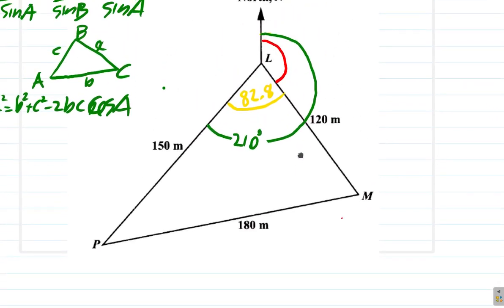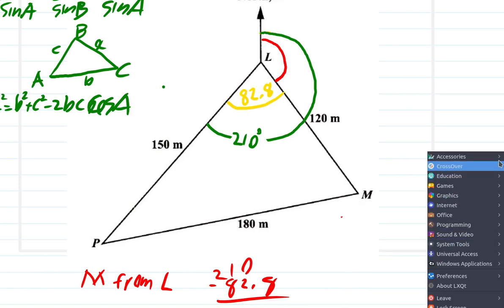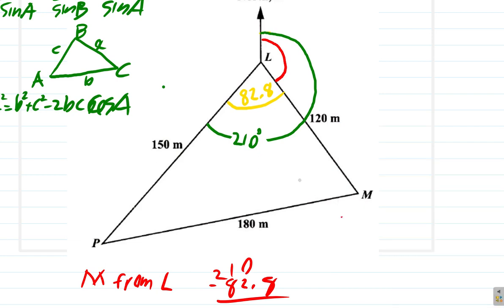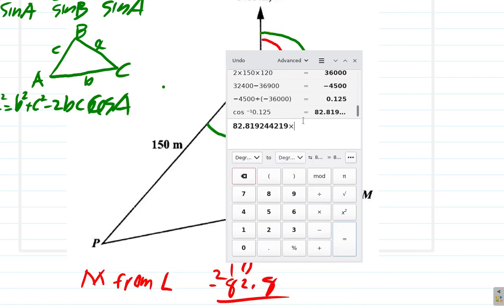So if you look at M from L, the bearing of M from L is 210 minus 82.8. Let's use our calculator and deal with it now. 210 minus 82.8 is how much? So 210 minus this equals 127.2.